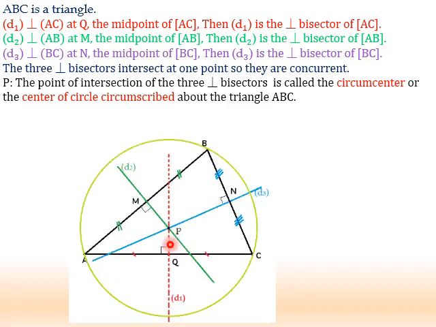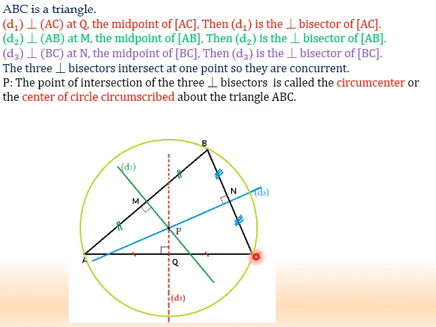Circumscribed means the circle is drawn around the triangle ABC and passing through all its vertices. Look well. This circle passes through point A, point B, and also through point C. Please, you have to notice that the intersection of the bisectors of the angles of the triangle is the incenter.